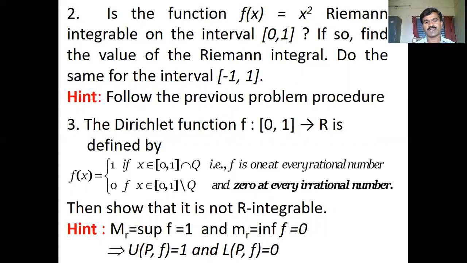Since it is a discontinuous function, it is bounded, but not continuous, so it is not Riemann integrable. The supremum of f is 1 and the infimum of f is 0, so U(P, f) and L(P, f) get different values. Ultimately the upper and lower Riemann integrals are also different, so obviously it is not integrable.